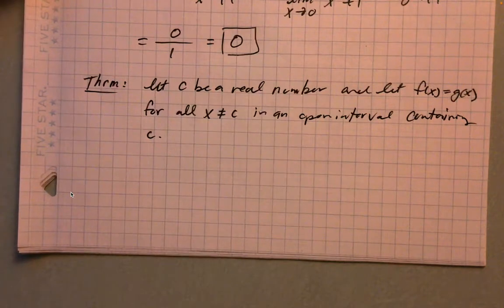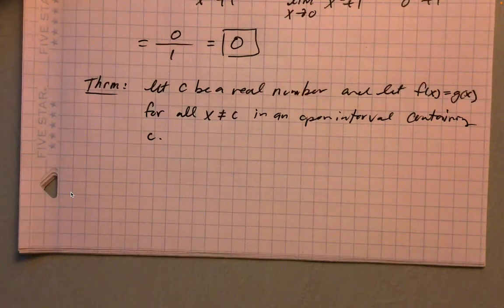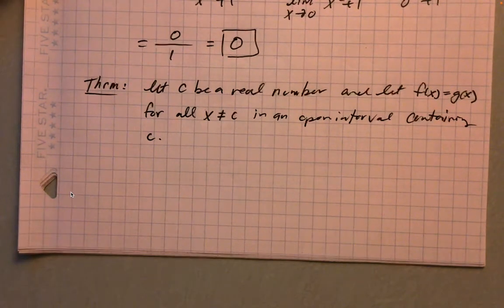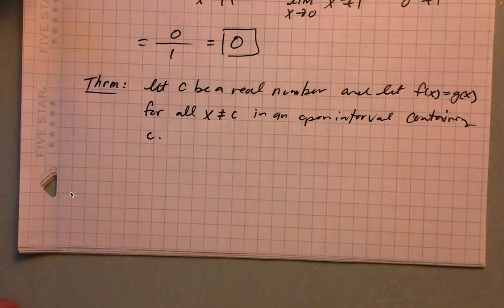Okay, so what's the idea here? Well, the idea is that you've got two functions, f and g. They're basically everywhere equivalent except at a real number c, right?